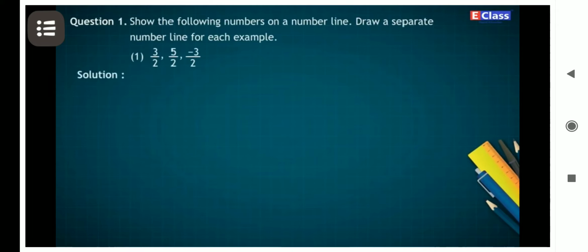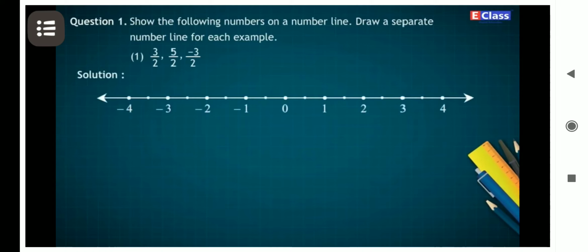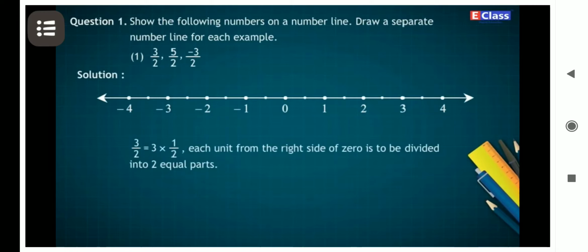Solution. First, let us draw a number line. Show the number 0 on a number line. 3 by 2 is equal to 3 multiplied by 1 by 2. Each unit from the right side of 0 is to be divided into 2 equal parts. The third point from 0 shows 3 by 2.